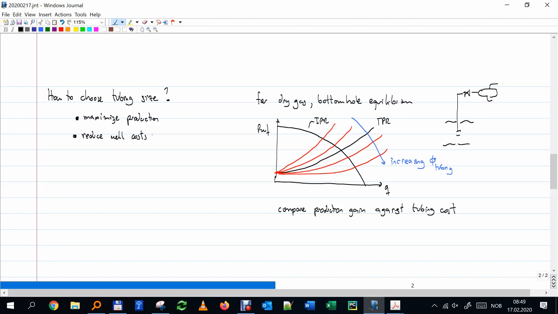What other constraints do we have? Yes? Some liquids. Okay, he came to a key part here. But before going to the liquids, the tubing simply has to fit the production casing, right?